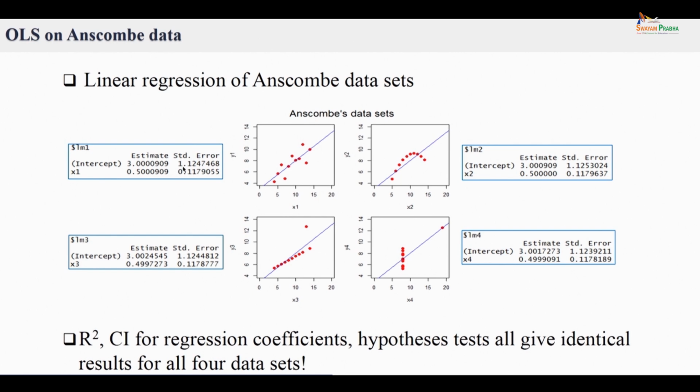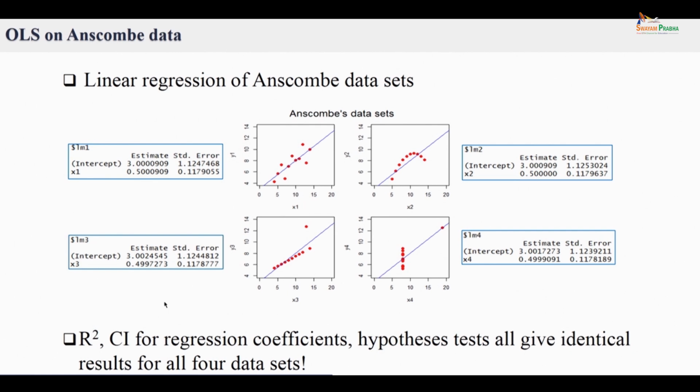Furthermore, you get the same standard error of fit, which is 1.12 for intercept and 0.1 for the slope, and if you compute a confidence interval for the slope parameter, you may end up accepting that this slope is acceptable for all 4 cases, and you may incorrectly conclude that the linear model is adequate.